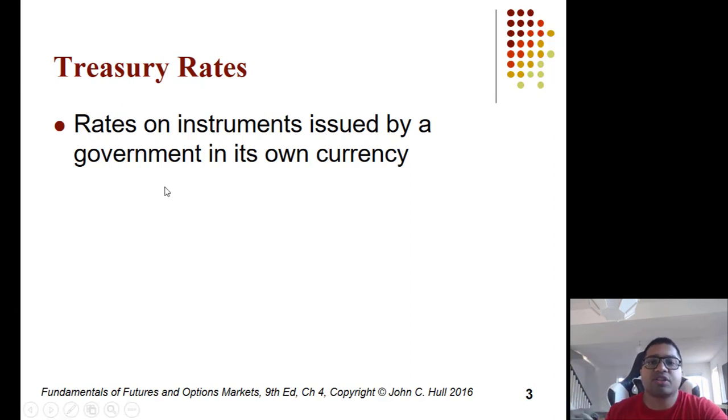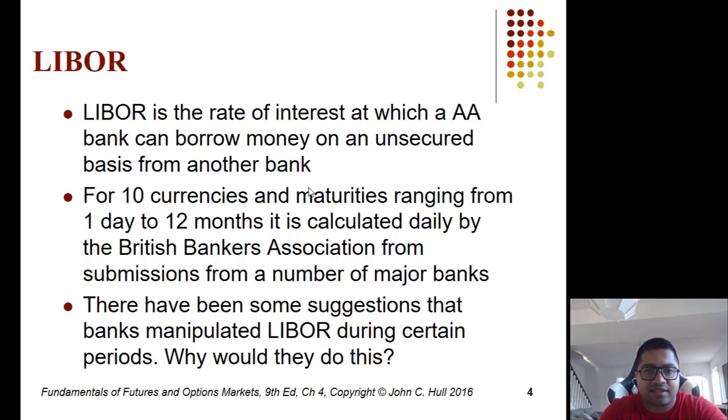So the rate on instruments issued by the corresponding government in its own currency is called the treasury rate. Now in America, the treasury rates will be on Fed bills and Fed bonds. So the Federal Reserve is the central bank in America. So whatever rates the Federal Reserve lends and borrows at will become treasury rates.